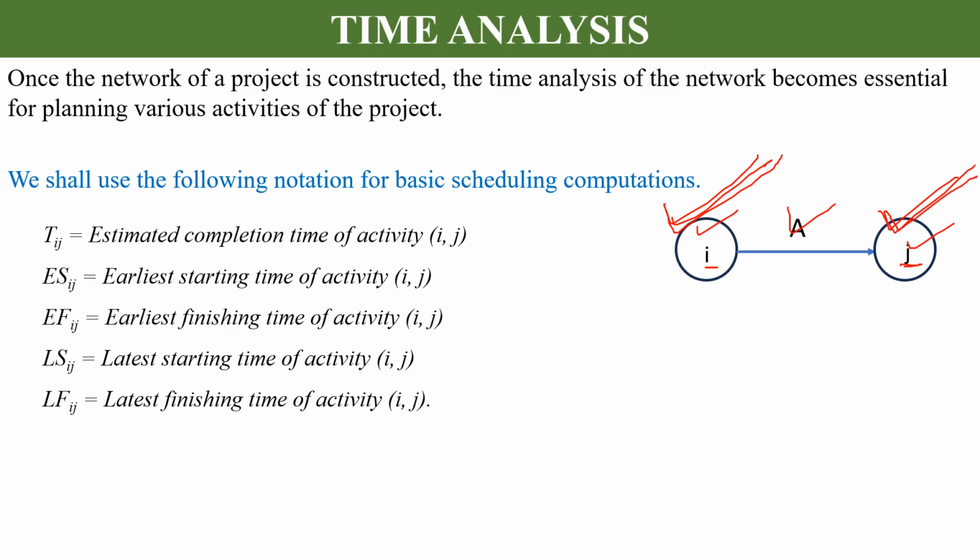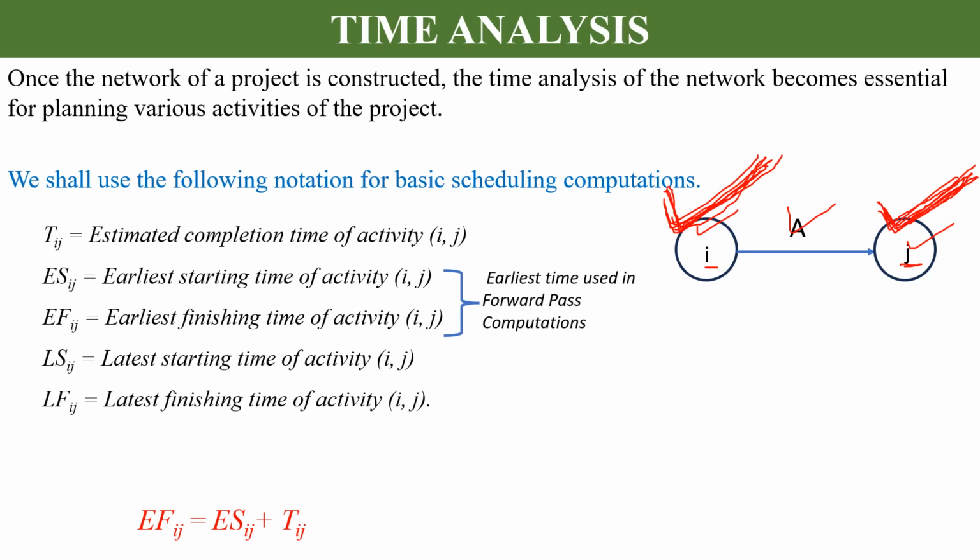Here the ending event is J, so the time at event J is the earliest finishing time. So the time at the starting event I is the earliest starting time. These earliest starting time and earliest finishing time are used in the forward pass computations.